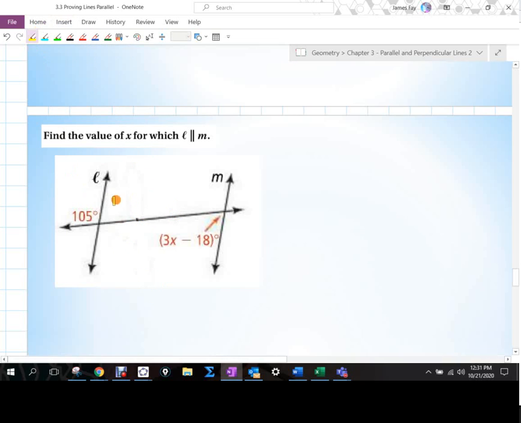Is there a relationship? Do we have a name for that angle right there in comparison to that angle right there? Okay, so they're on opposite sides of the transversal, right? So they're alternate. Okay. This yellow stuff is the interior, right?